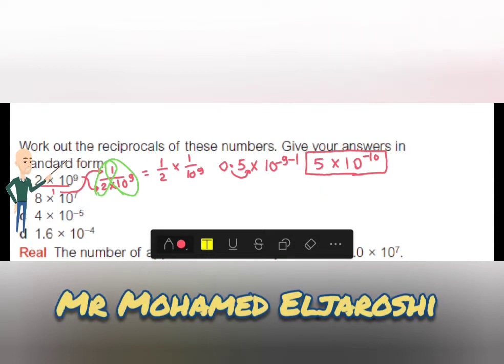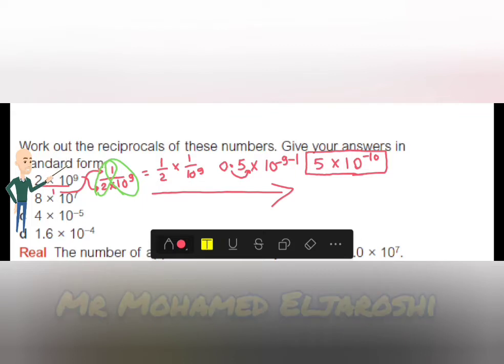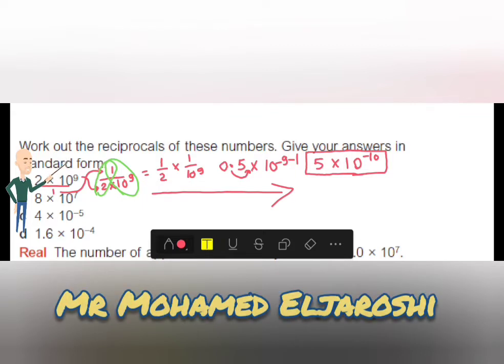Or you can follow these steps that I did and turn it into a reciprocal in standard form. Now we're going to do the other questions using the calculator, in which we don't need to follow the steps, but at least you understand the steps of turning them into reciprocals and then finding the standard form.